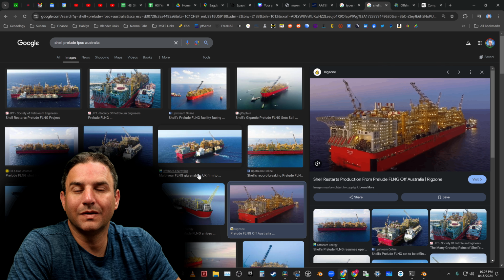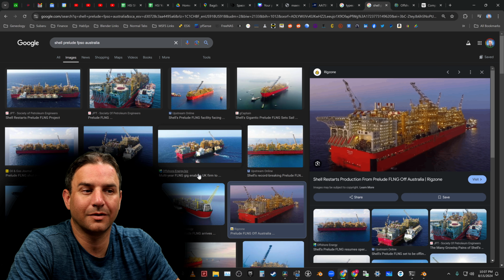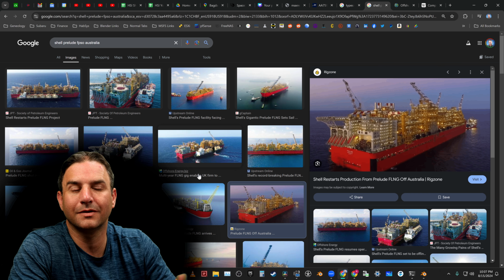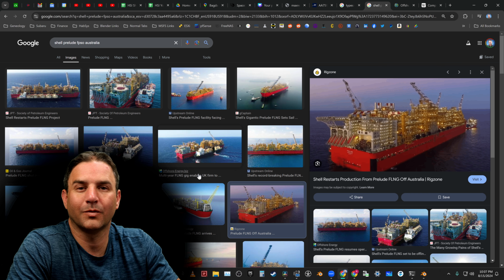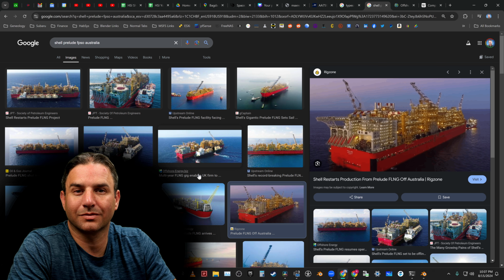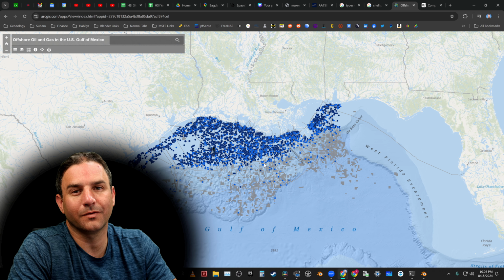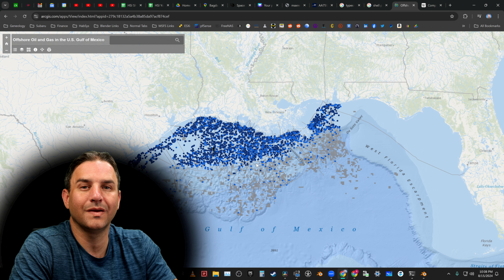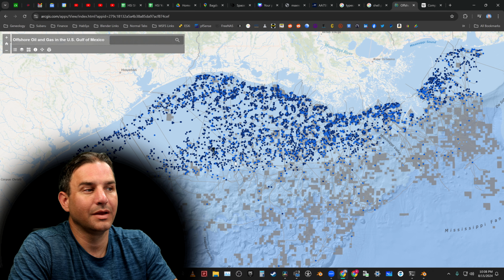Those are the basic designs that are available so far, and perhaps there could be some other designs, but I wouldn't really expect a whole lot more because the oil and gas industry has pretty much unlimited resources, right? And if you look at this map right here, this is just the Gulf of Mexico. It's just one area on planet Earth where oil and gas is pumped out of the ocean floor.